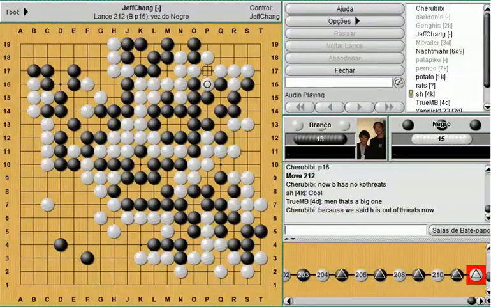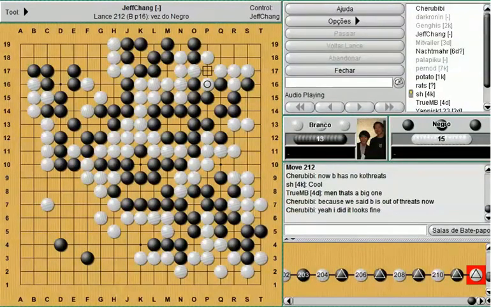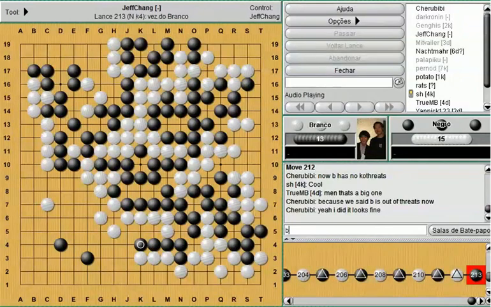Like this, it will be more complicated. So, for example, if it comes to this, how about black presses this one? Because now, while the center is cut off, the situation is different.